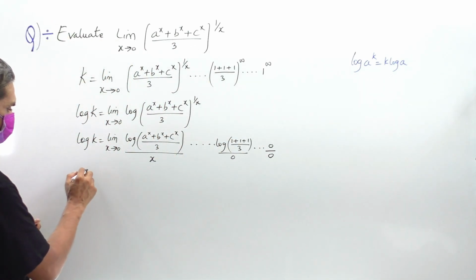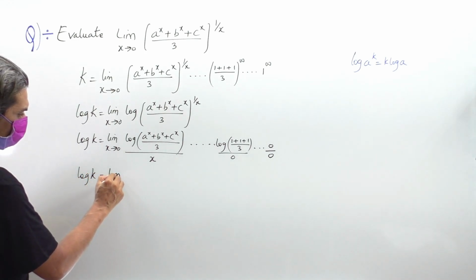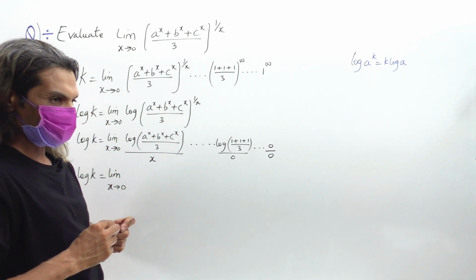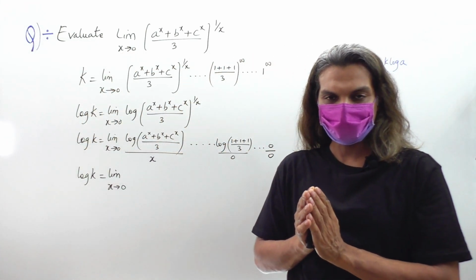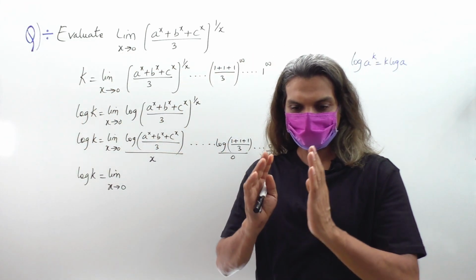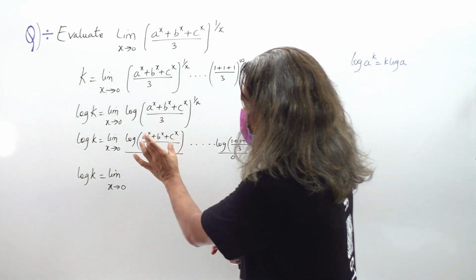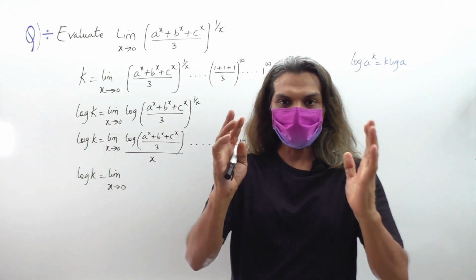So log of k is equal to limit as x tending to 0. Now, again, chain rule. Differentiation of log x is 1 by x. In place of x, what is there? a raised to x plus b raised to x plus c raised to x upon 3. So that whole thing is x.